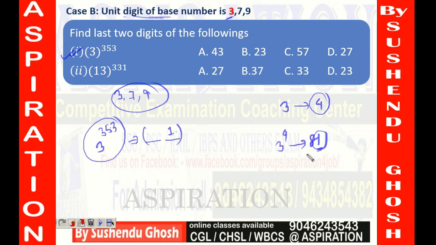We know that 3 to the power 4 means 81, so break the power in such a way that it becomes 81 for 3 in the base.